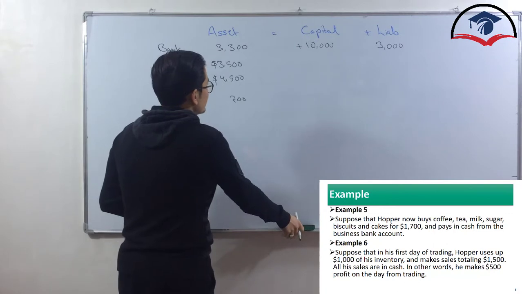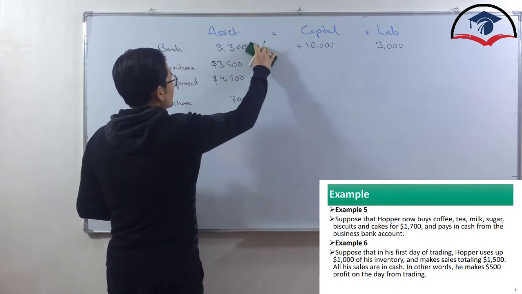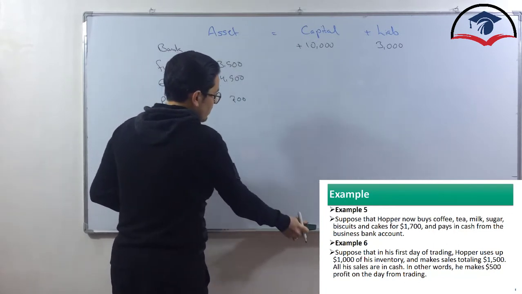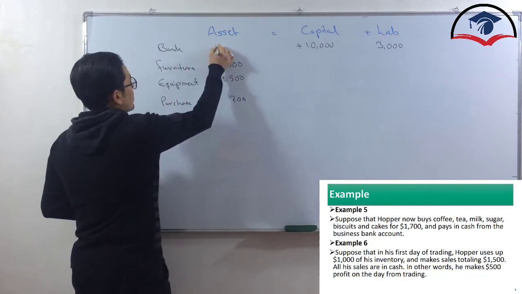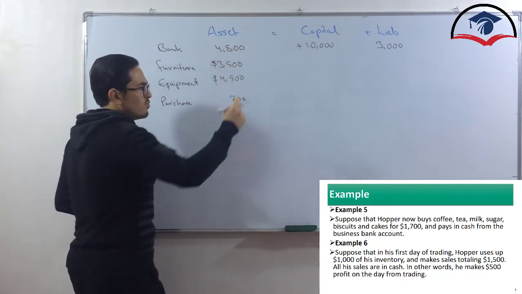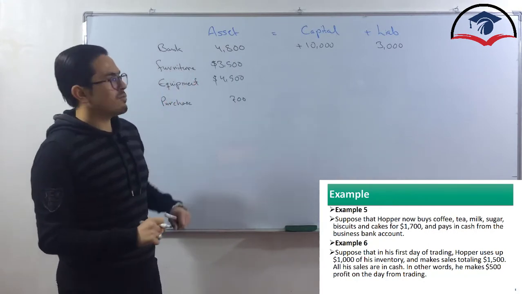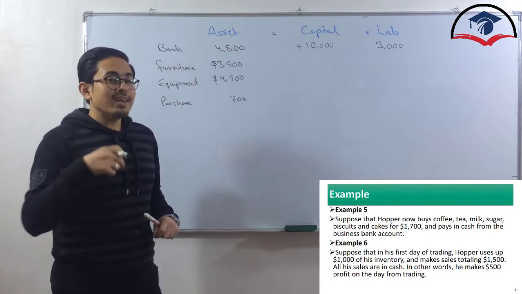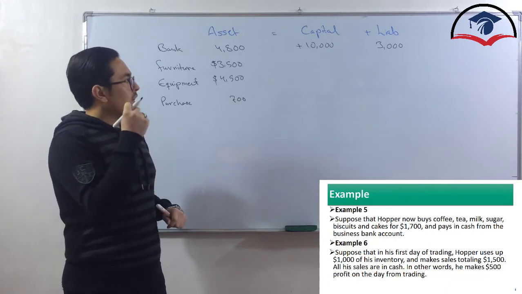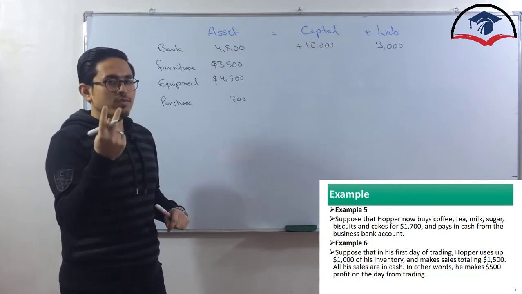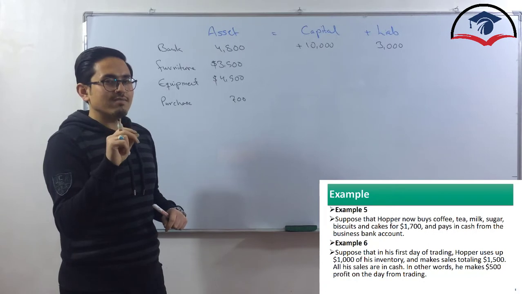If we add the $1,500 with $3,300, it will be $4,800. But on the other side of the equation, we have two parts, which are revenue and expense.